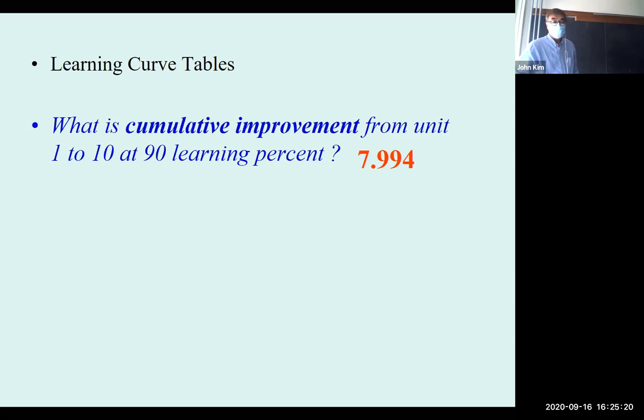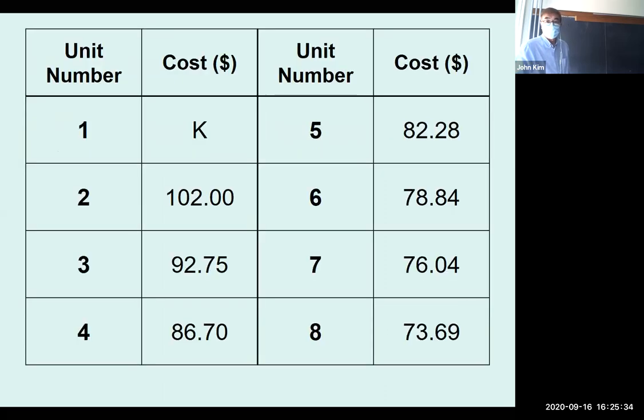Okay. Now, how can we use the unit factor and cumulative factor to calculate unit time or cumulative time or cost? Okay, if unit number 1, 2, 3, 4, 5, 6, 7, 8, then the initial cost, we don't know. K is not given yet. But the second one, 102, third one, 92.75, fourth one, 86.7, and so on.